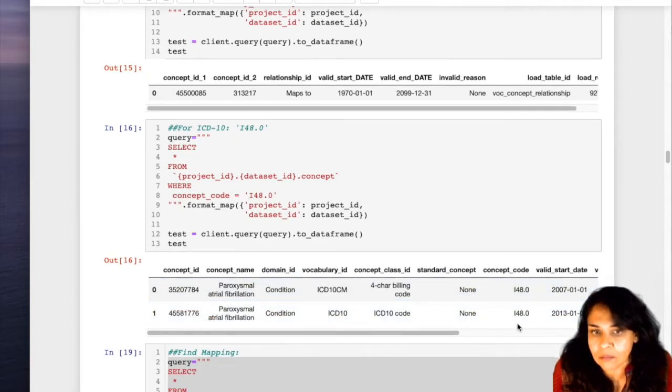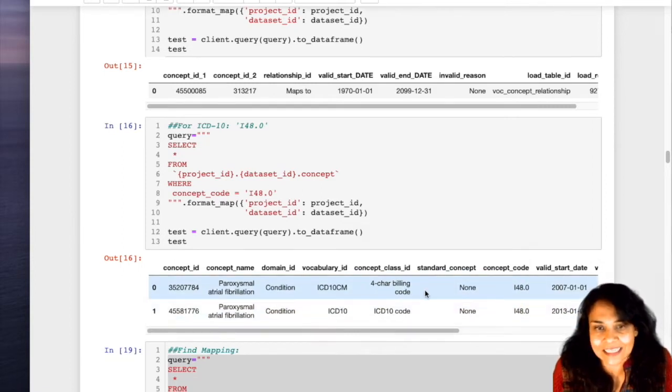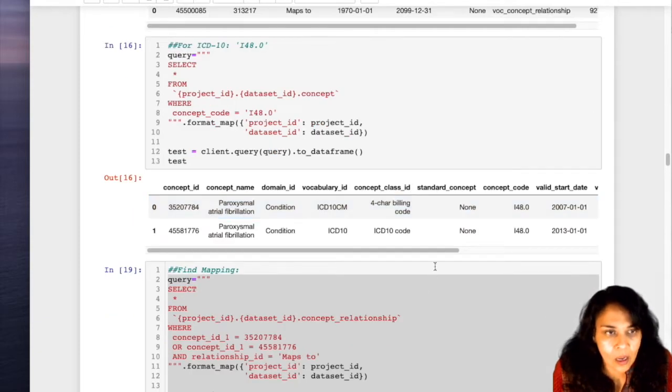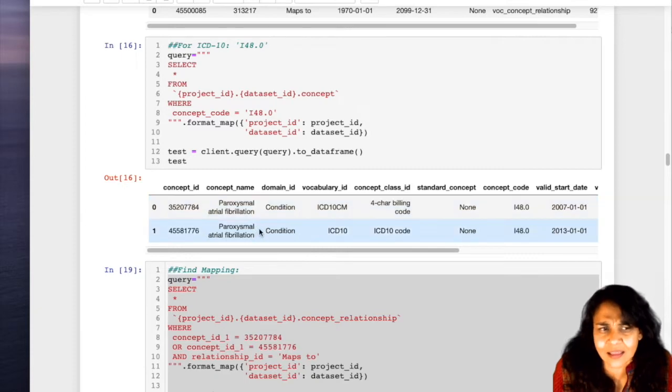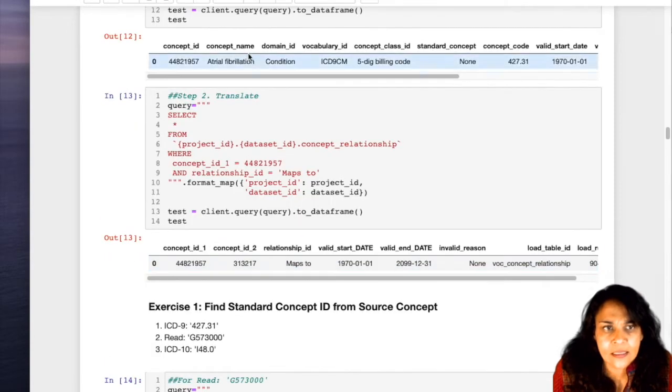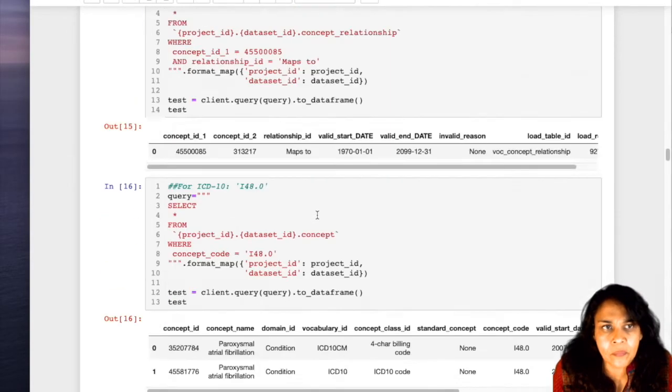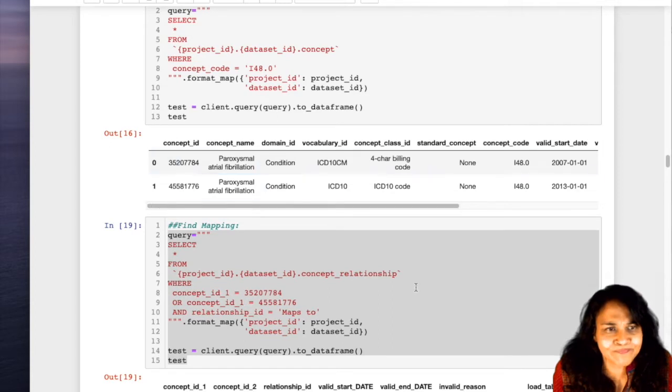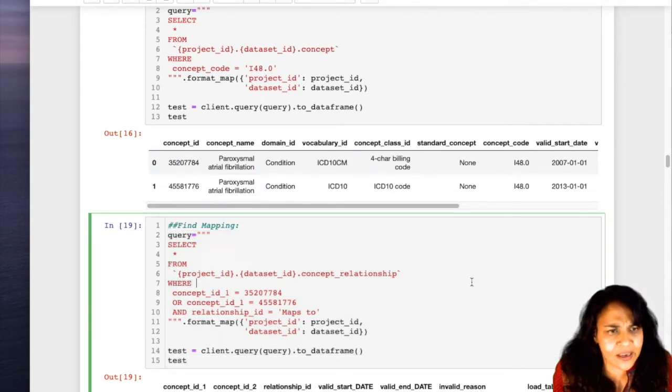It's I48.0 for both ICD-10 and ICD-10-CM. So the first thing that is puzzling is that it doesn't get mapped to atrial fibrillation like all the others did, but gets mapped to something a little bit different. So what the heck is going on?